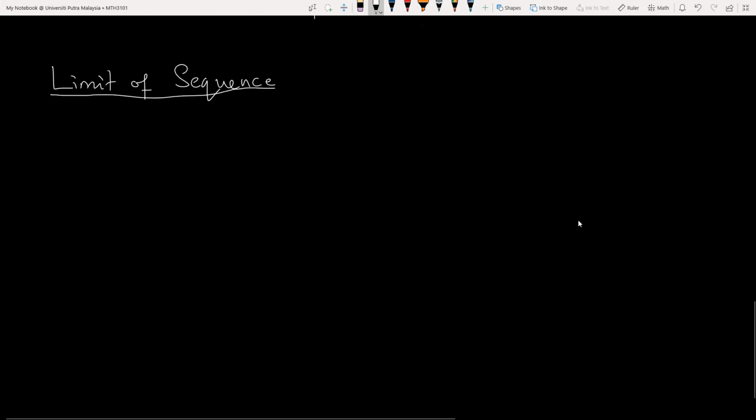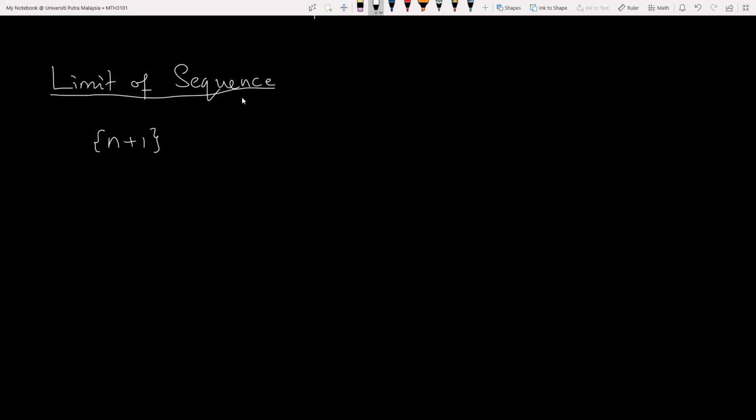So you need to find the boundary of the sequence, bounded or not. Okay, let's see this one. If you have n plus 1. I didn't do the superscript and subscript, so just let's say n is positive.